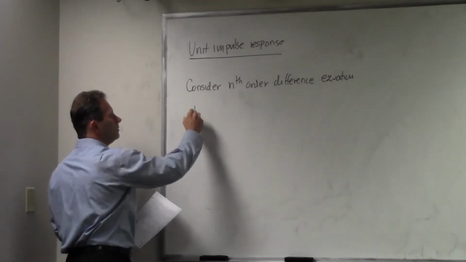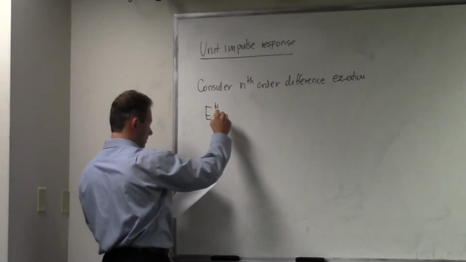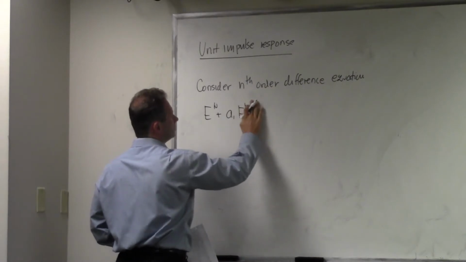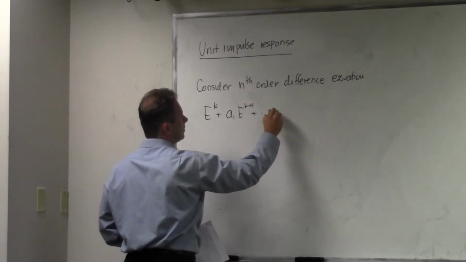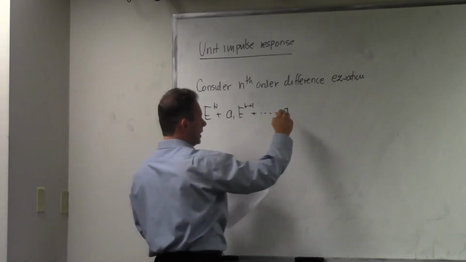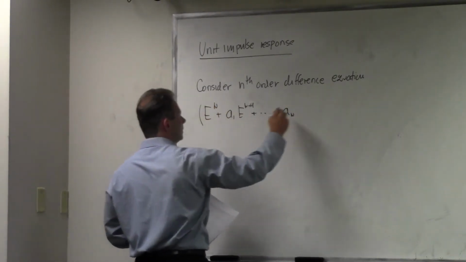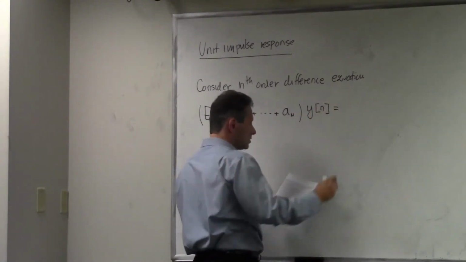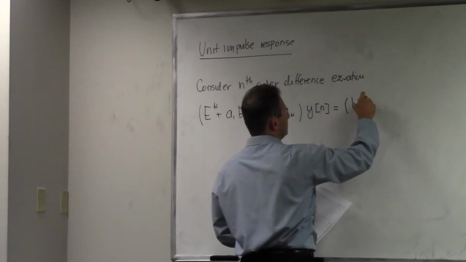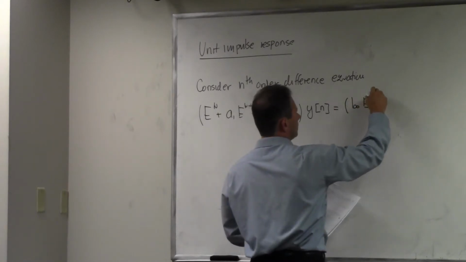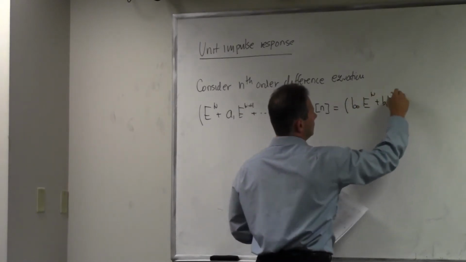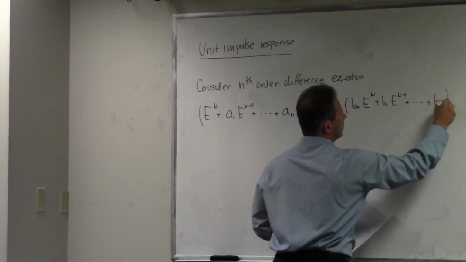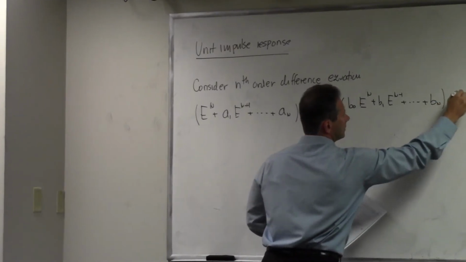We write it as E to the n plus a1 E to the n minus 1, all the way to plus an, operating on your output y[n], is going to be equal to b0 E to the n plus b1 E to the n minus 1, all the way to bn, operating on your x[n].